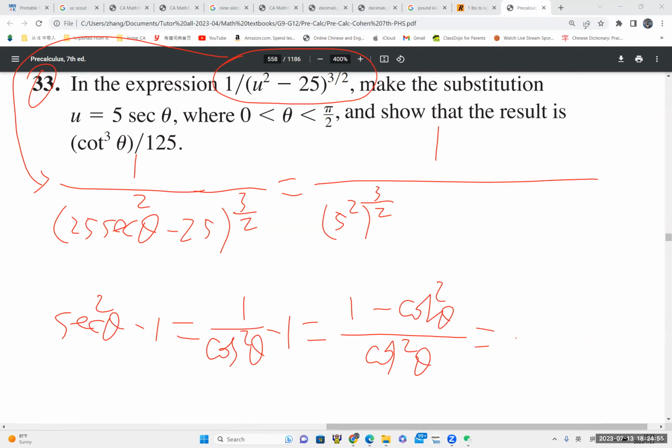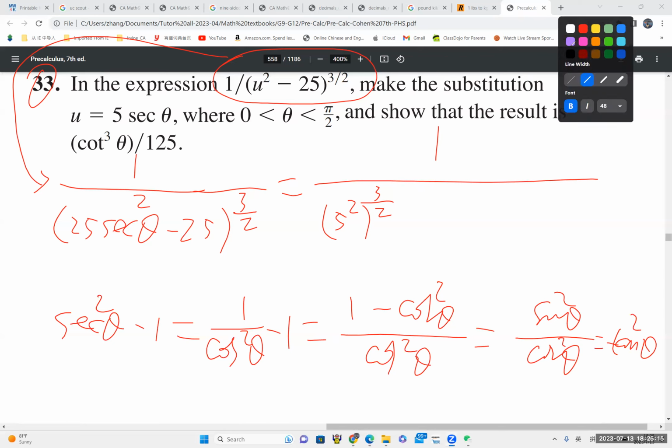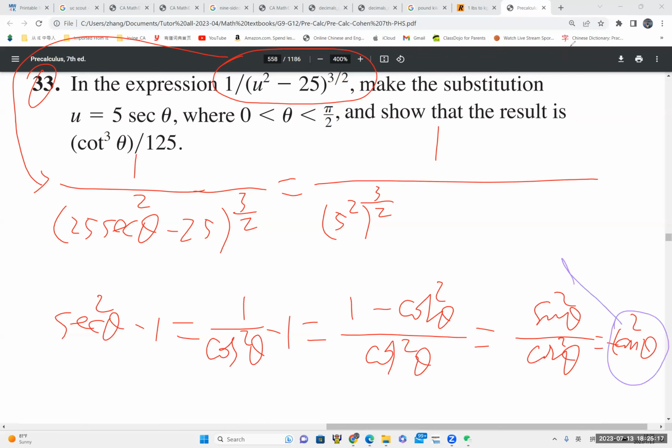So 1 minus cosine theta squared is sine theta squared, over cosine theta squared, which just means tangent theta squared, right? Then we get tangent theta squared, then take the power of 3 over 2.